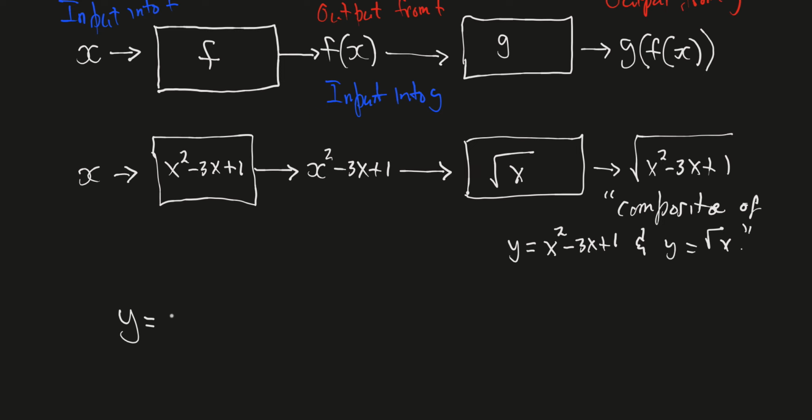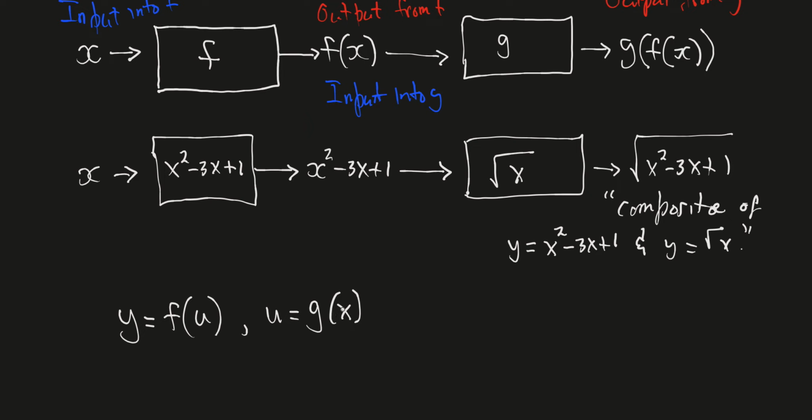Let's say you have one function, like y is a function of u. But then let's say that u is a function of x, right? So in other words, y depends on u, which depends on x. So ultimately, y depends on x.